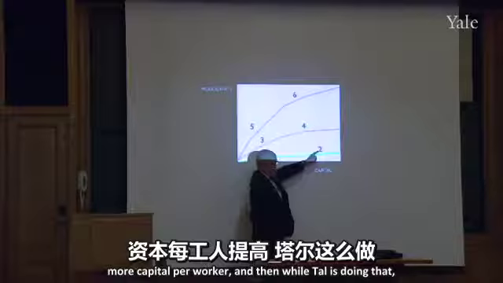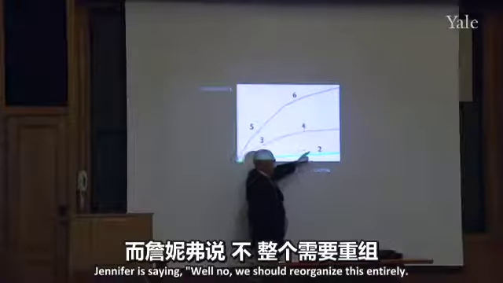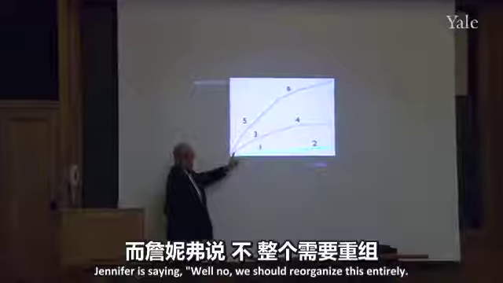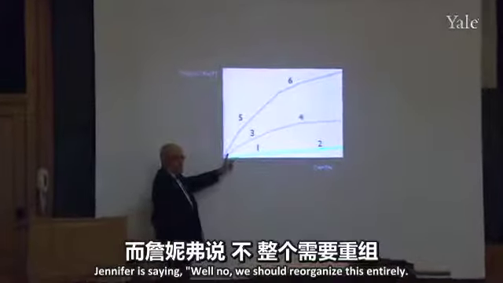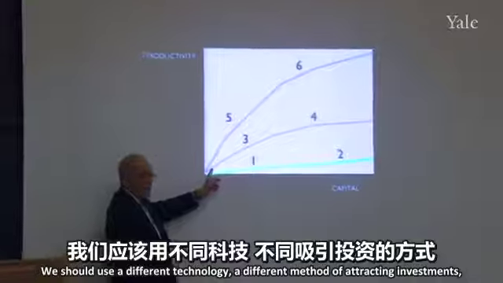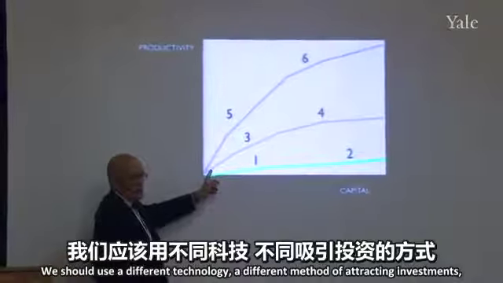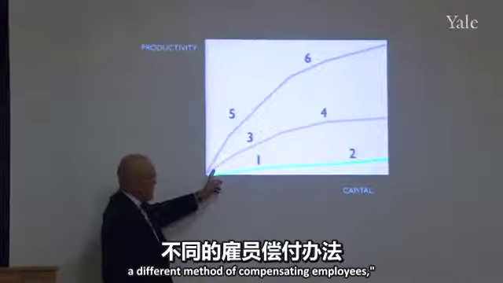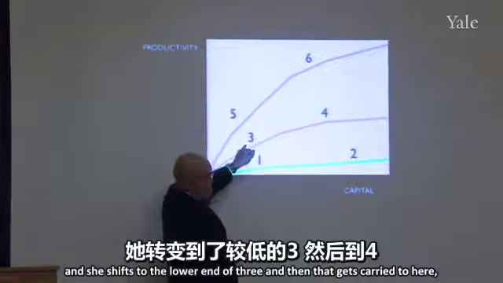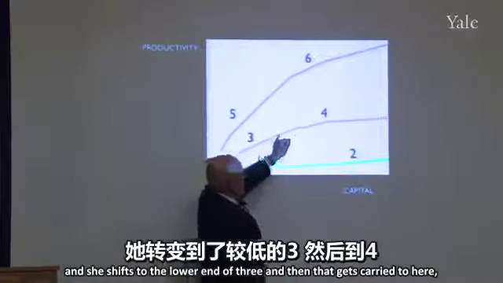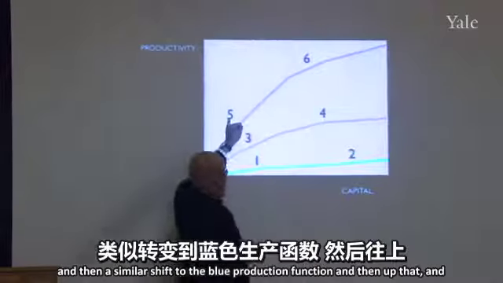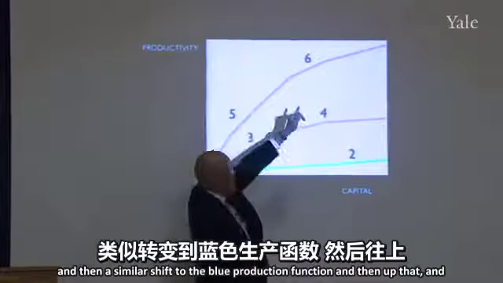And then while Tal is doing that, Jennifer is saying, well, no, we should reorganize this entirely. We should use a different technology, a different method of attracting investments, a different method of compensating employees. And she shifts to the lower end of 3, and then that gets carried to here, and then a similar shift to the blue production function, and then up that.